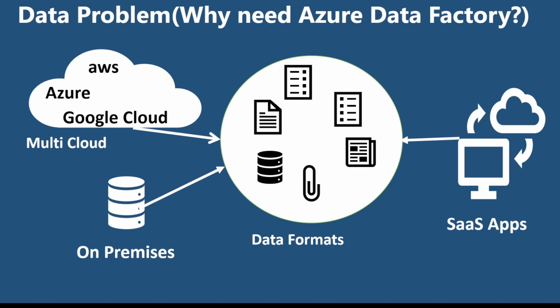You will schedule those pipelines through triggers in Azure Data Factory, and copy this data at some interval, like one time in a day, or two times at specific times in a day, and you can transform that data and load it.